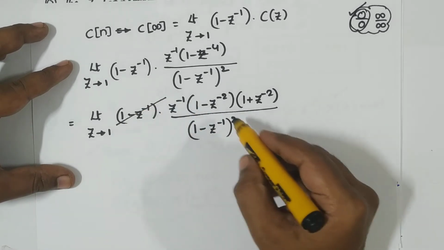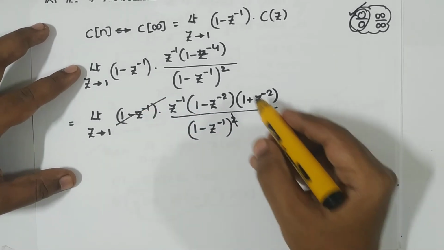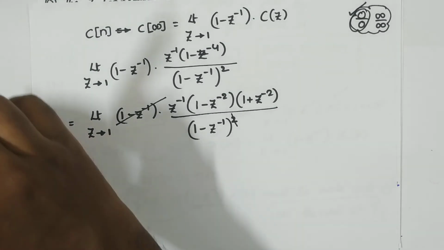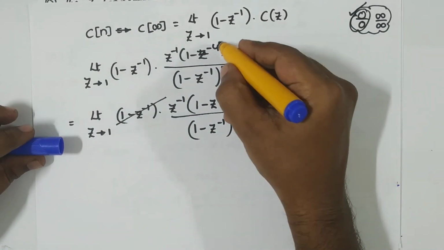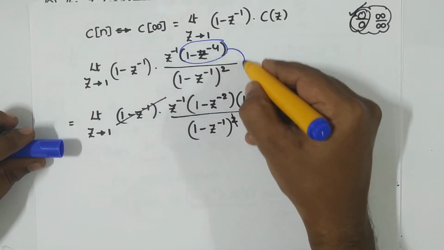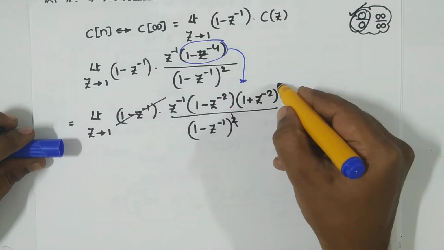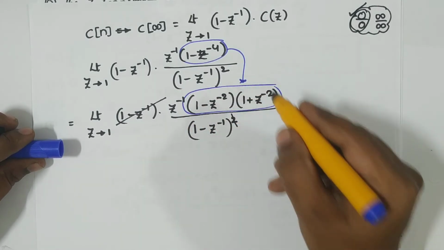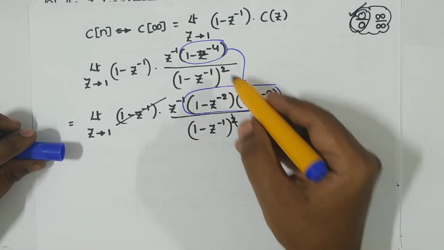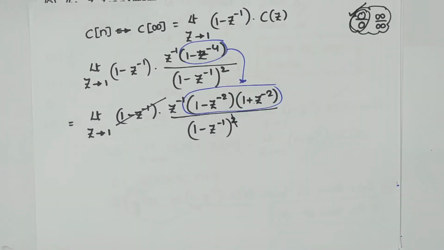Anyways, these two are ruled out now. Now this is, of course, 1 - z^-4, so this is nothing but the multiplication of these two. You can multiply these two and you will get 1 - z^-4 here. That's fine.